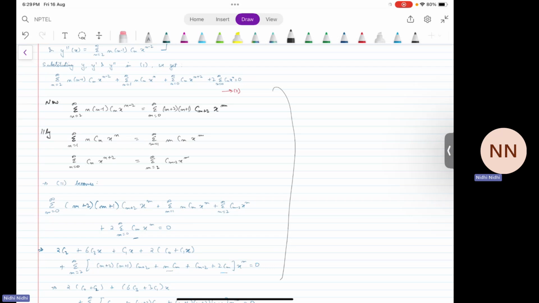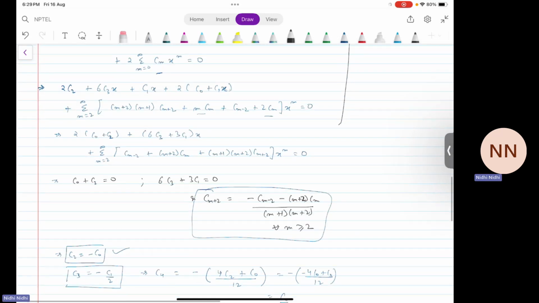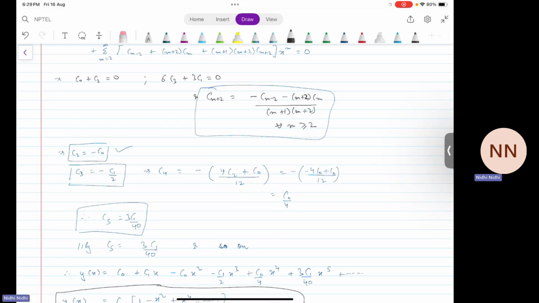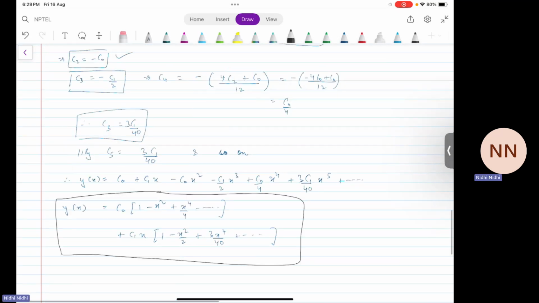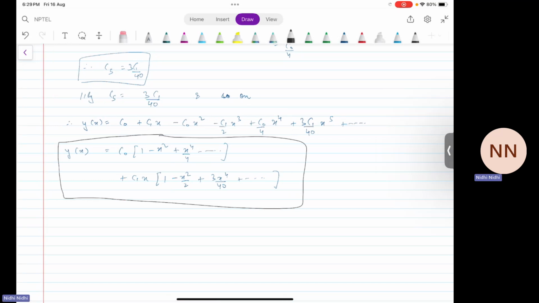Take pen and paper, solve all these things yourself, then compare the coefficients of x to the power m on both sides. Using that comparison, we can easily find the values of the c_i's, with c0 and c1 being any constants. Basically these first two terms can be found if we have the initial value. We'll see such questions later. I hope this was fine. Let's move to the next question.